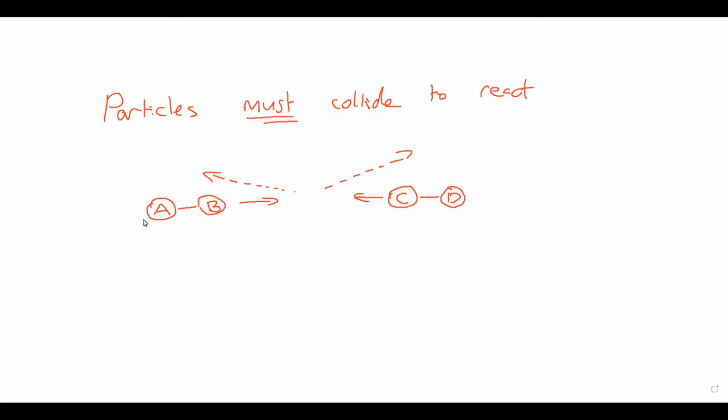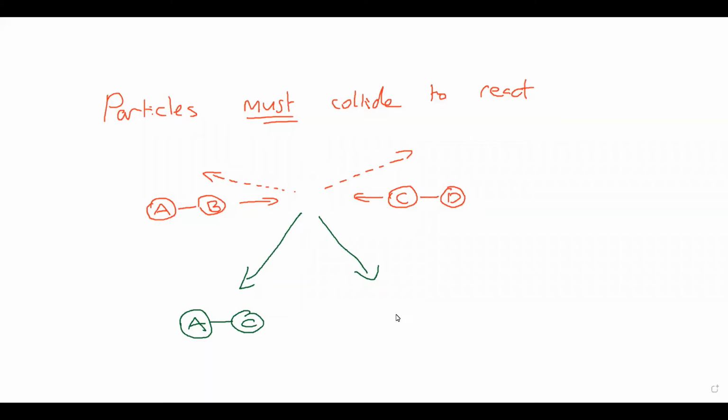So let's pretend they do collide with the right orientation, so facing the right way, the right direction, and they collide with a certain amount of energy needed, known as the activation energy. Then we can get a reaction occur. So here the particles collide and they bounce away again, and now we've had a reaction occur.